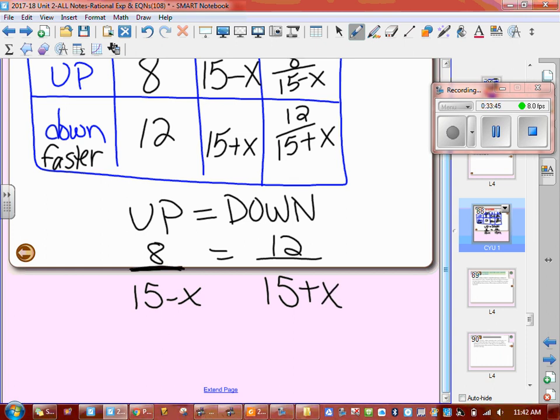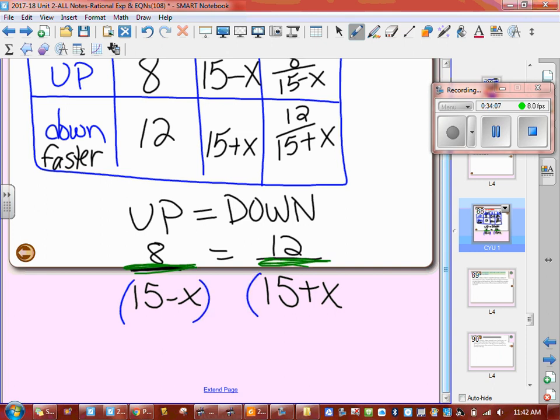Solving this equation, we need a common denominator. Both of our denominators are different, so we're going to use them both. These are the easy kinds because literally all you're doing is cross multiplying. The bottom left multiplies to the top right and vice versa.